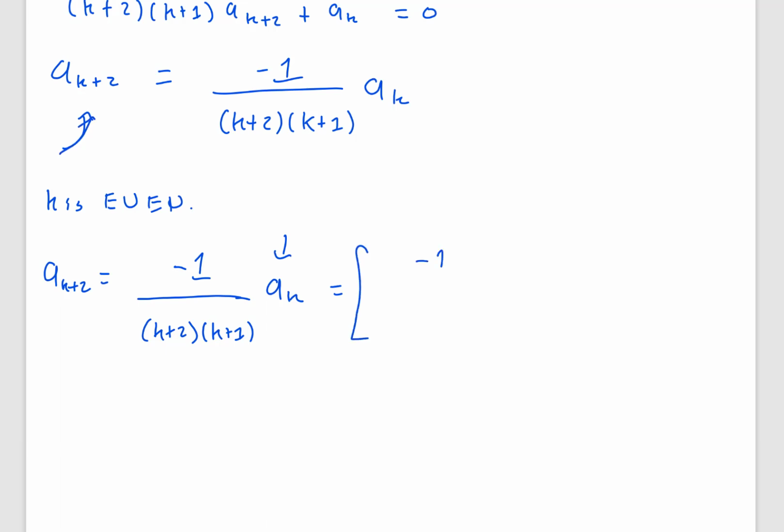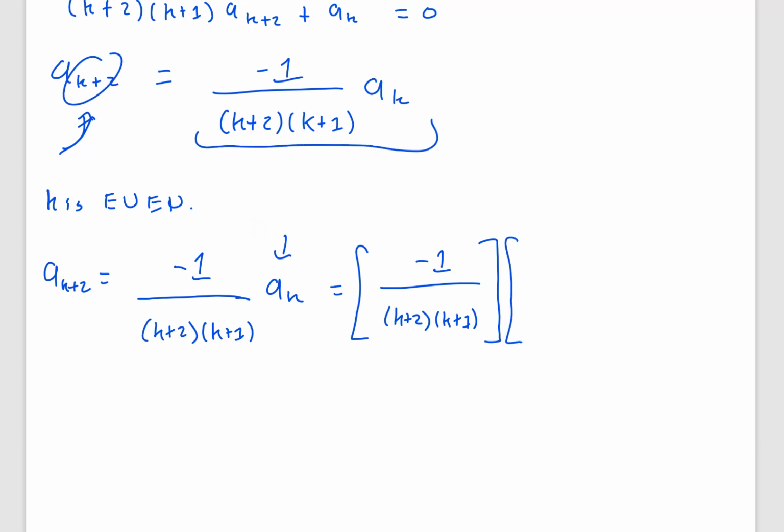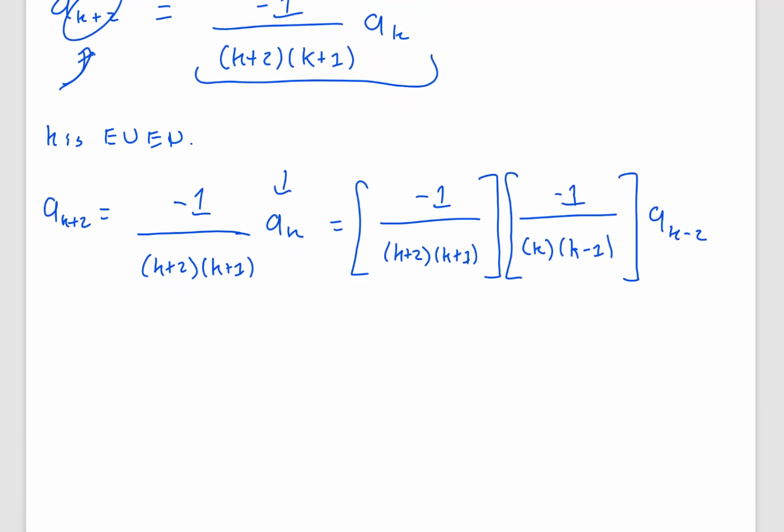The index is k instead of k+2, and so the formula is -1 divided by k(k-1) times a_{k-2}.